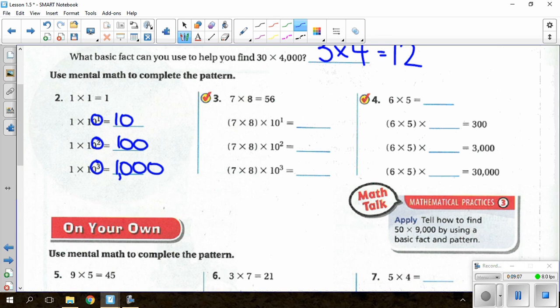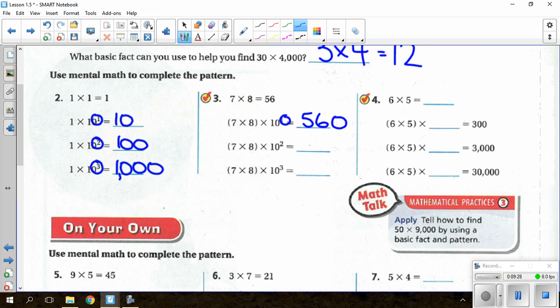For question number 3, the basic fact is 7 times 8, which equals 56. So to fill in for the first one down, I have 7 times 8, which again equals 56. And then times 10 to the first power, the exponent of 1 tells me I need 1 0.